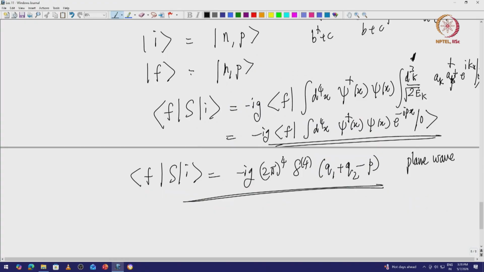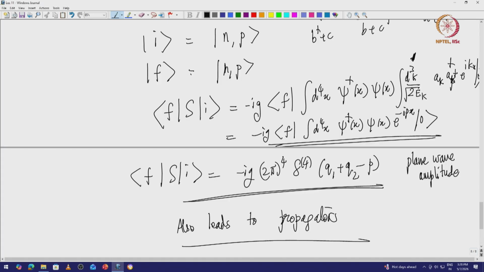If you just take the plane wave amplitude, each of the plane waves contributes to the momentum fraction. That is all it tells you. But it also leads to propagators. We will do the propagators in the coming lectures.